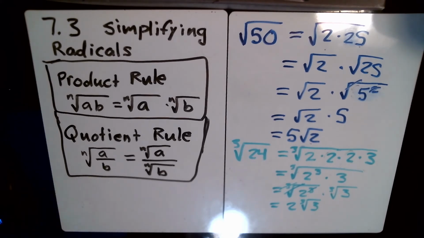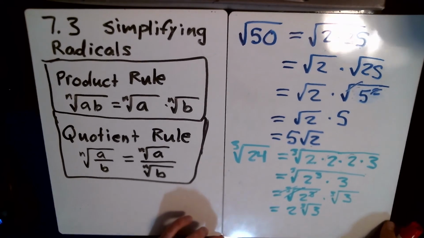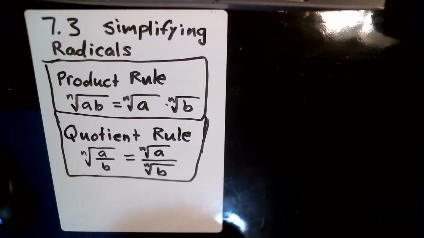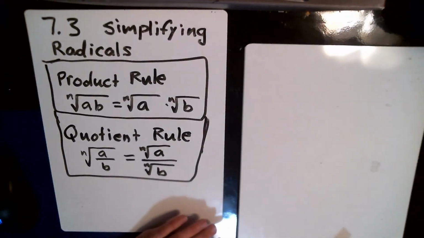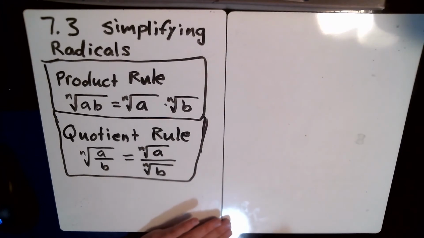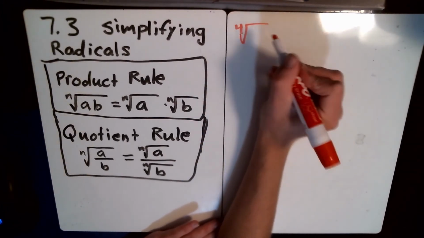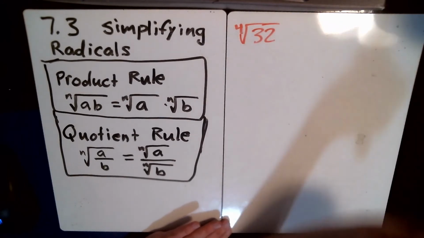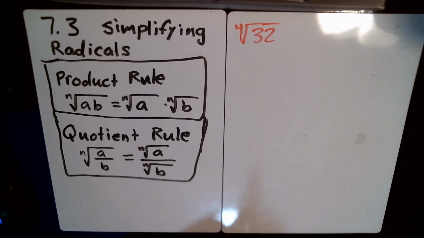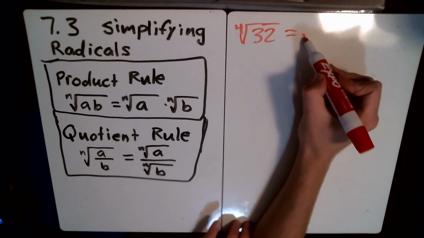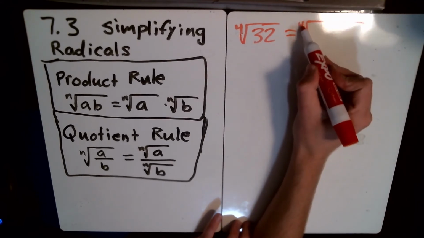We'll do one more, and then we'll move on to the next video. Running out of space, so I'm going to put up a new board for us. Let's do the fourth root of 32.